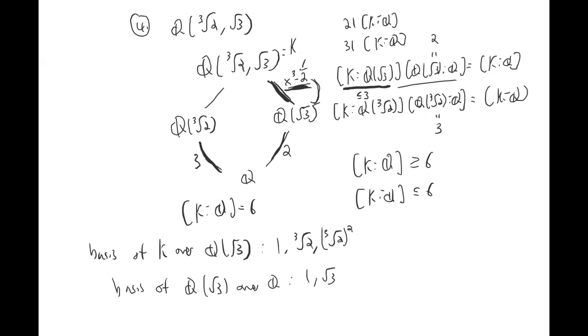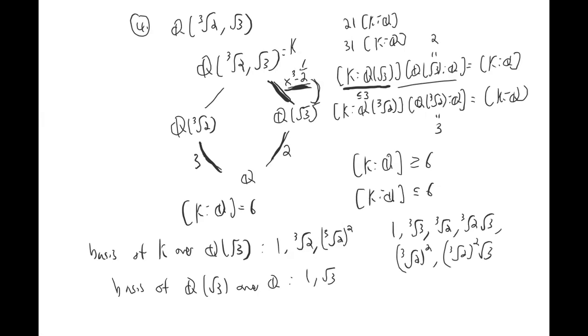And then we just take all multiples, right? 1 times 1 is this. 1 times root 3 is root 3. Cube root of 2 times 1. Cube root of 2 root 3. Cube root of 2 squared, and cube root of 2 squared root 3. So these are our 6 basis elements.